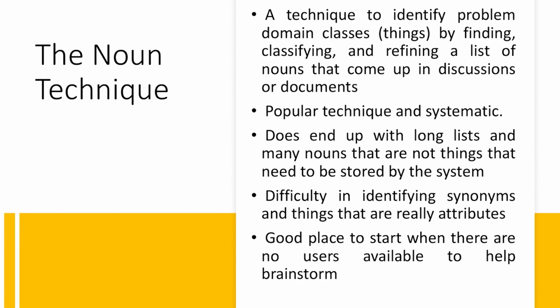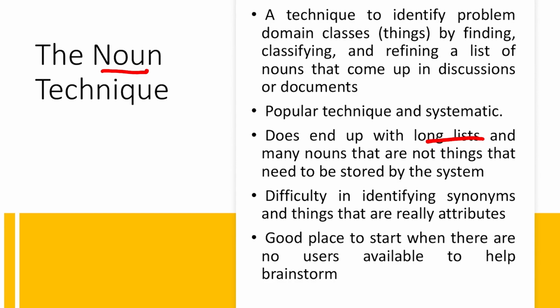Next, the noun technique. What is the noun technique? A technique to identify problem domain classes or things by finding, classifying, and refining a list of nouns that come up in discussions or documents. So in this technique, we identify the nouns that come out during our discussion or in the document. This is a very popular and systematic technique, but it does end up with a long list and many nouns that are not things that need to be stored by the system.